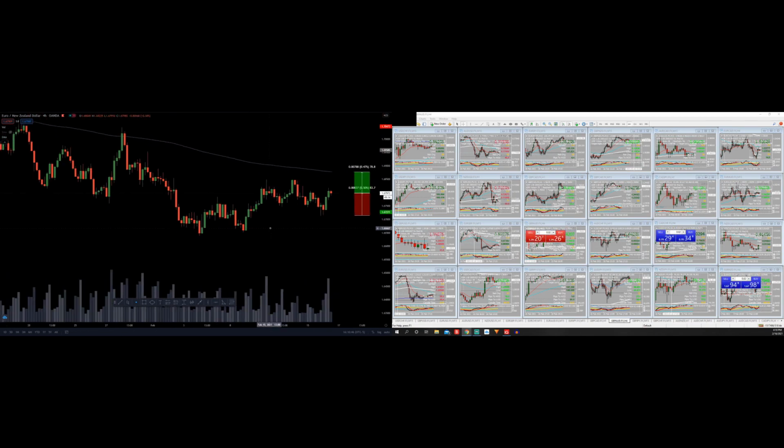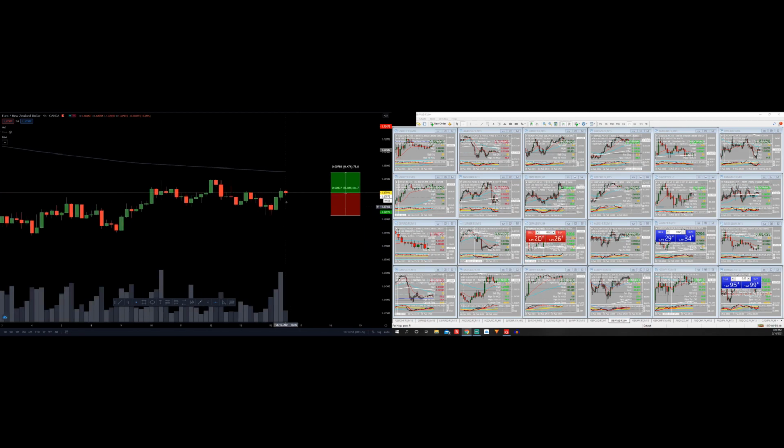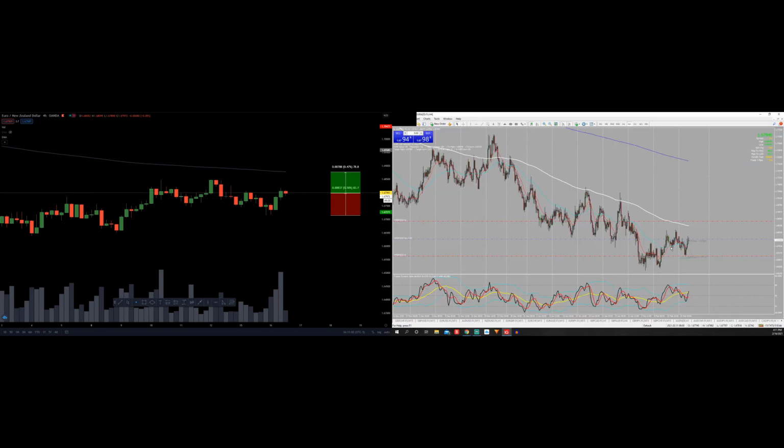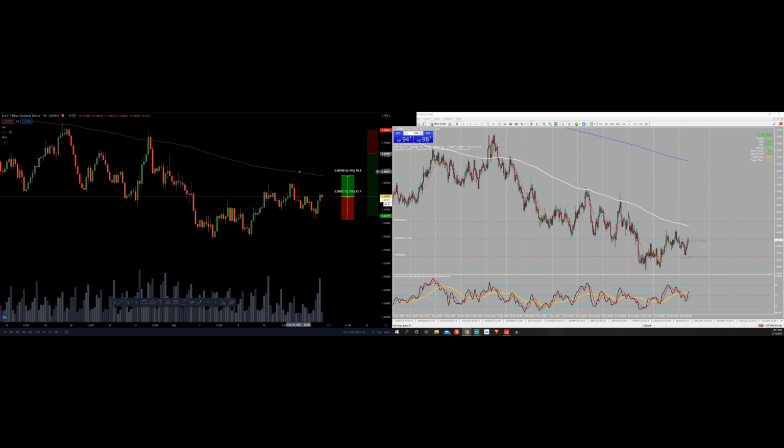So we got this W here, we closed above. I entered on a pullback. I was in profit, I'm not anymore, but my target for this is around this area here.